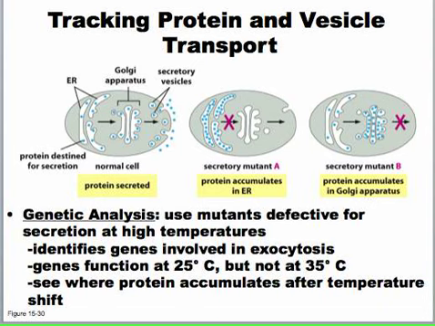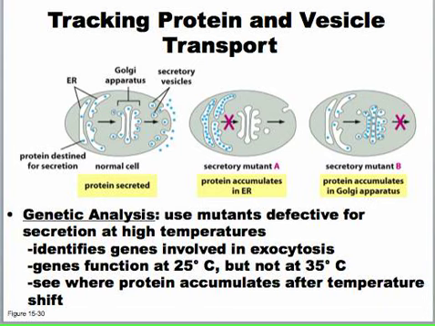Okay, so that was the biochemical approach, and it's biochemical because we had isolated components of the cell. The next approach that we're going to talk about is genetic analysis. In this type of approach, we're going to search for proteins that are important for different steps of exocytosis.